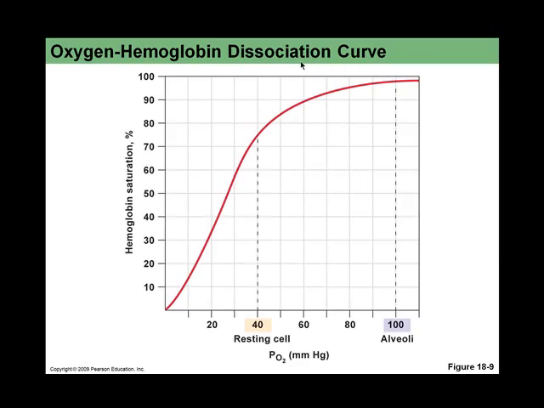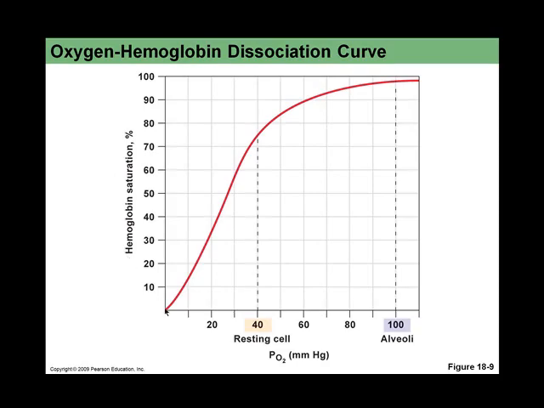So the oxygen hemoglobin dissociation curve is shown in this slide. This is essential discussion, and then we talk about anything that might affect this basic curve. So a resting cell PO2 is shown in millimeters of mercury on the x-axis. So we're going from 0 to 100 at the alveolus. So we've got our resting cell and alveolus here, and then the hemoglobin percent saturation is on the y-axis.